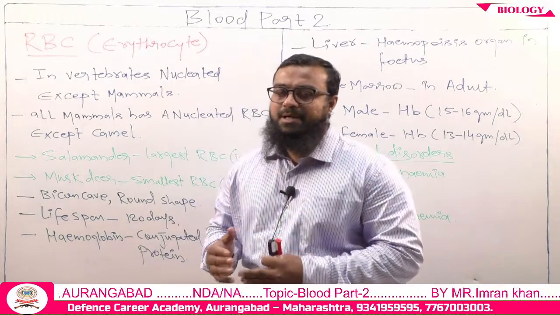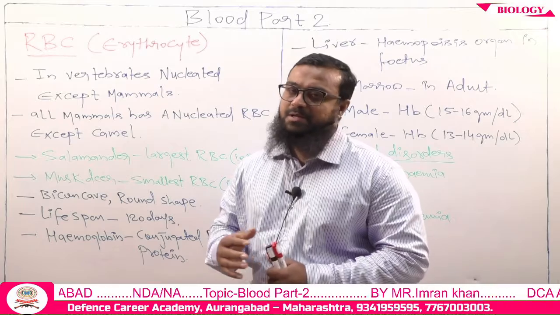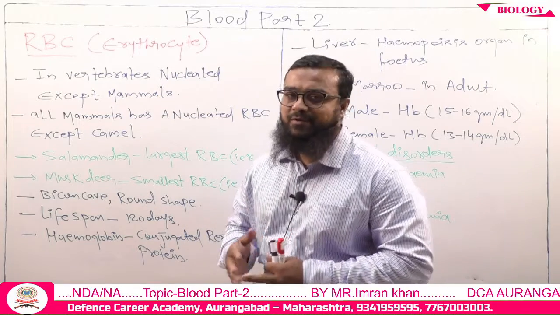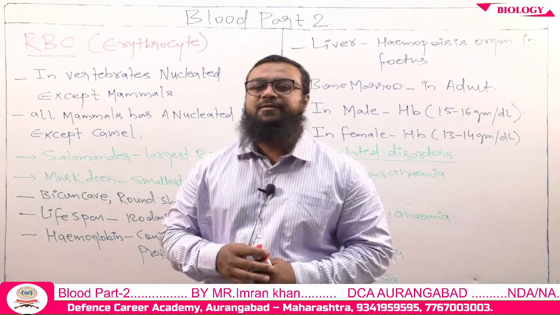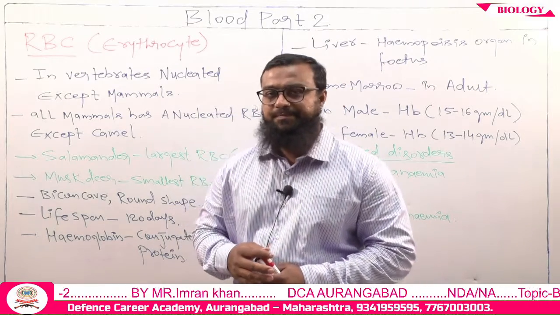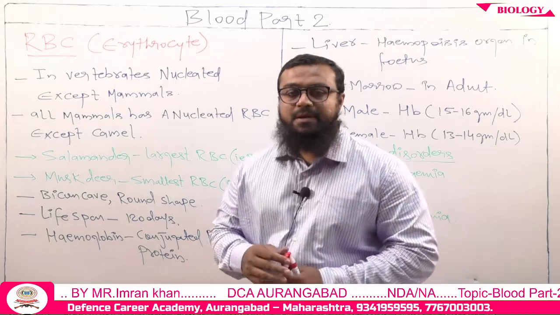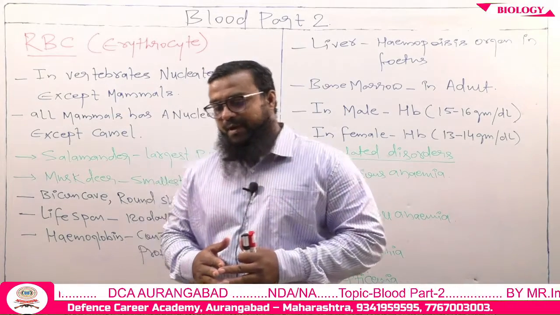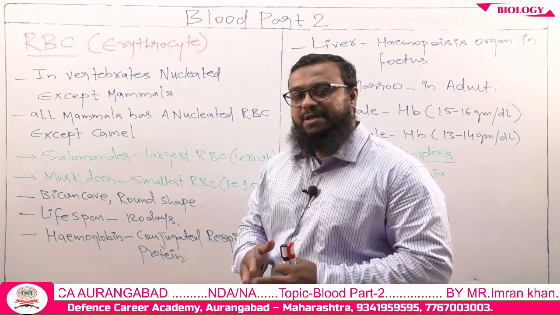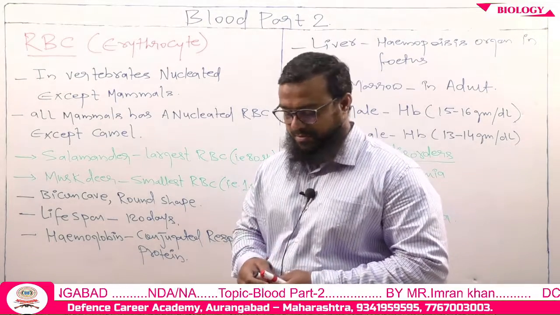This is blood cells. Yesterday in the last lecture, we saw there are mainly three types of cells present in the blood: RBCs, WBCs and platelets. So in this lecture, we will see the RBCs.